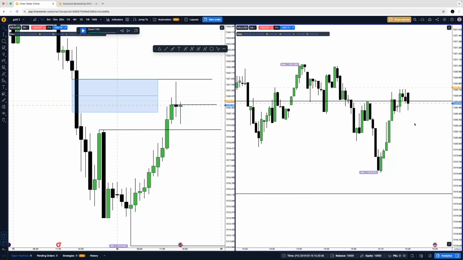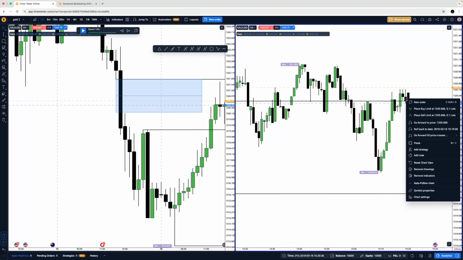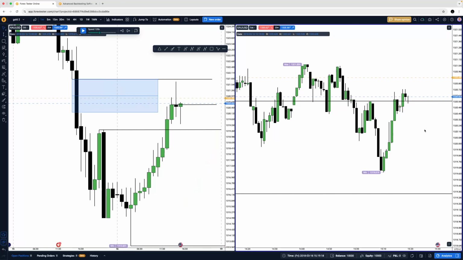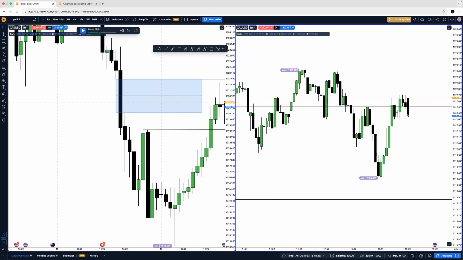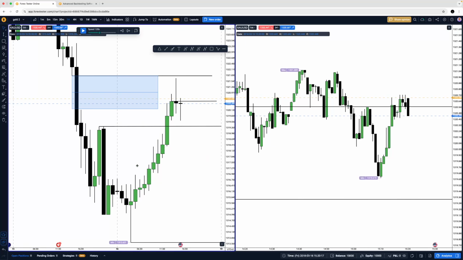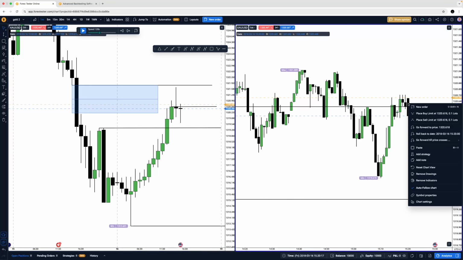Roll back. Let me do something like this. Yes, we have this area here. And then you can enter the market short around this candlestick here. It's just that price was very, very quick to make the sell. But let's try to make an entry around this area.